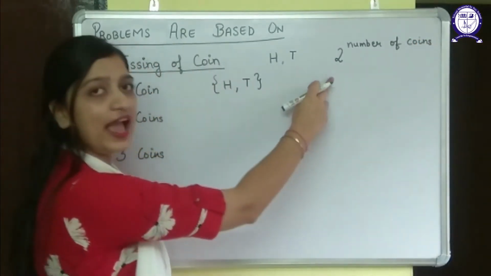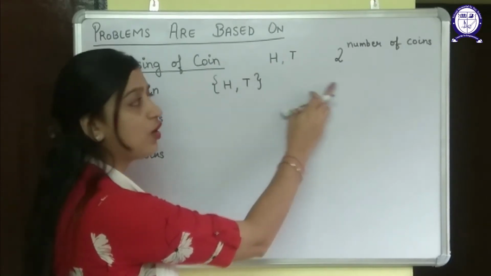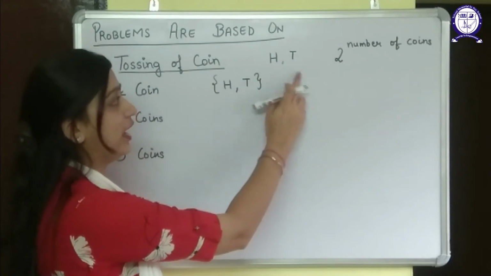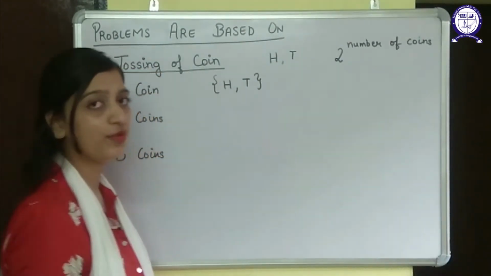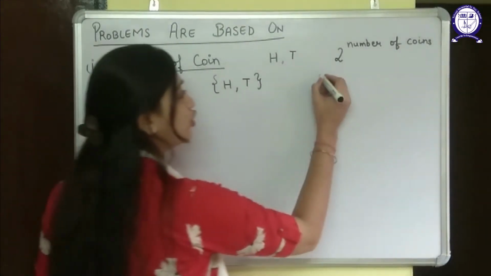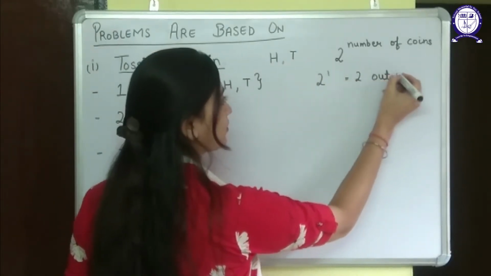Here I have 2 because there are only 2 possible outcomes. 2 because I have 2 faces of the coin, head and tail, that's why I have 2, and the power is the number of coins. So if I take one coin, I will have 2 raised to the power 1, that is 2 outcomes.